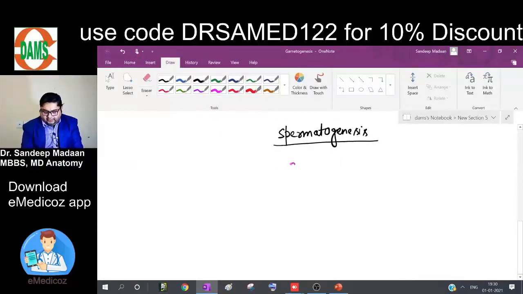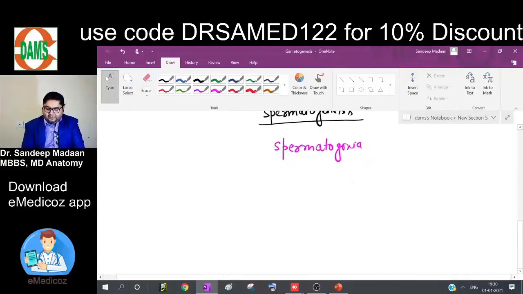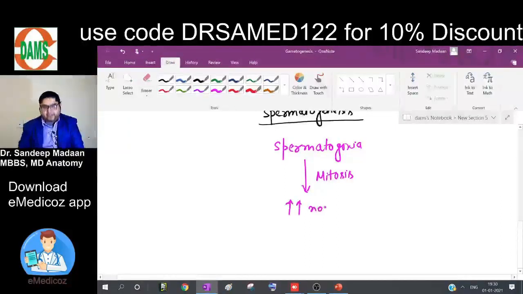So you see now we have spermatogonia. These spermatogonia first increase in number by undergoing mitosis. They keep on undergoing mitosis, increasing the number.